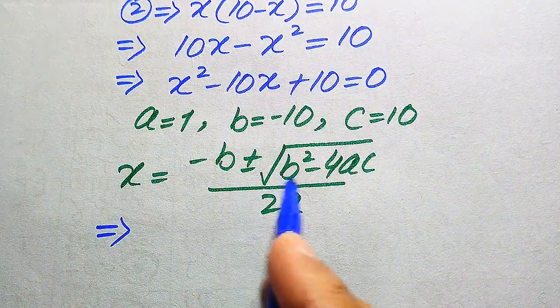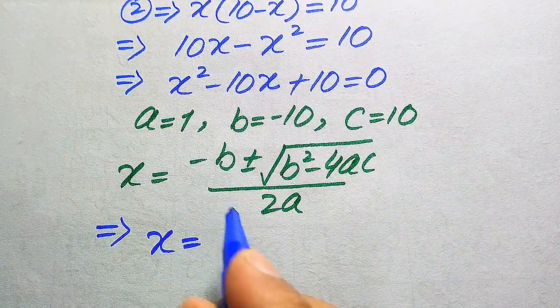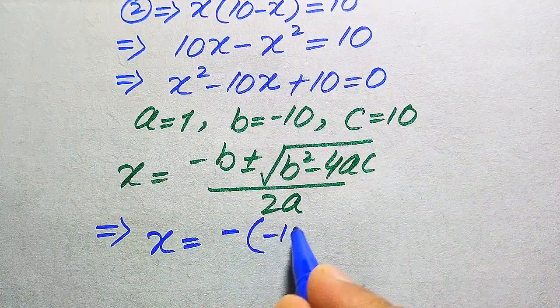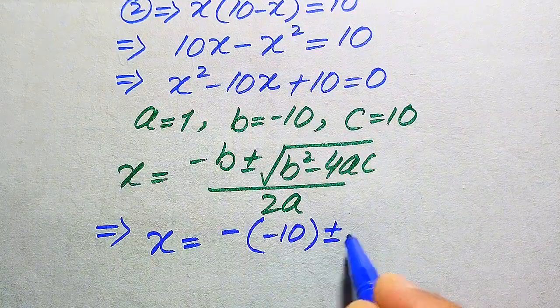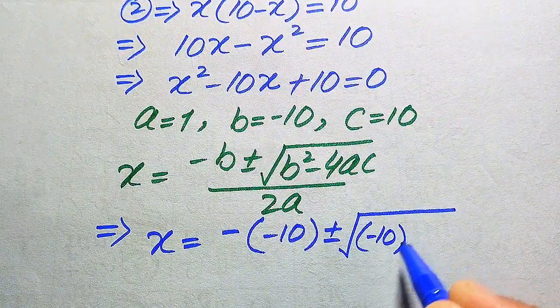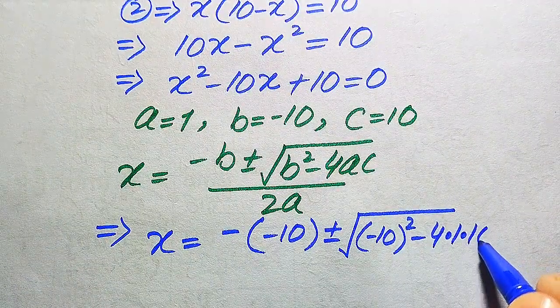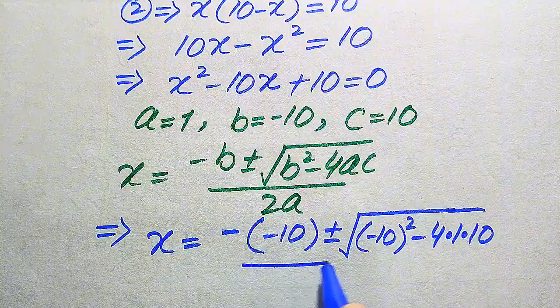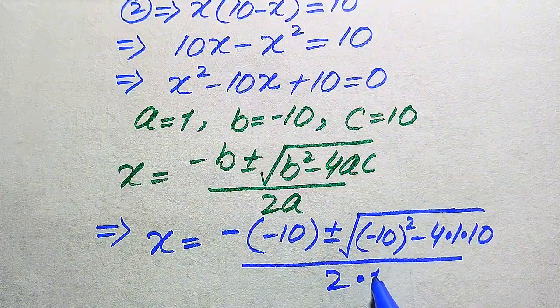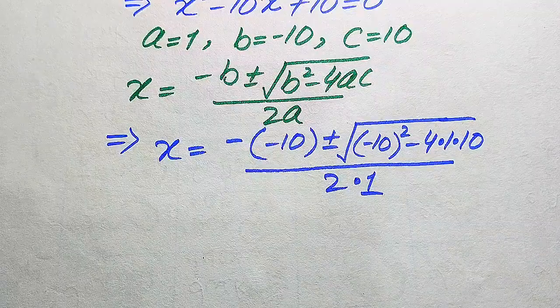After substituting these values it will be written as x equals minus b, the value of b is minus 10, plus minus square root of b square, b is minus 10 square, minus 4 times a is 1, c is 10, and it is divided by 2 times a, and here our a equals 1.